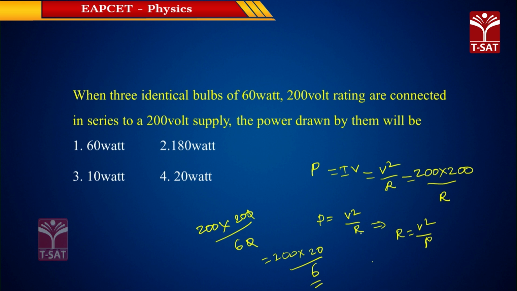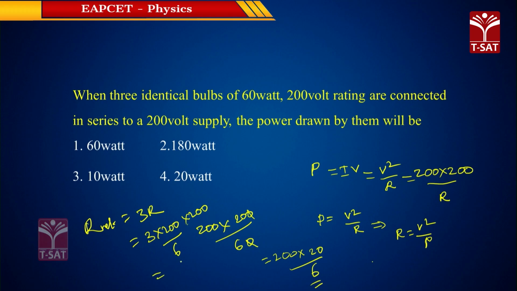Okay, therefore in this you substitute that R net resistance. What is the net resistance? That is 3R, or 3 into 200 into 200 by 6.